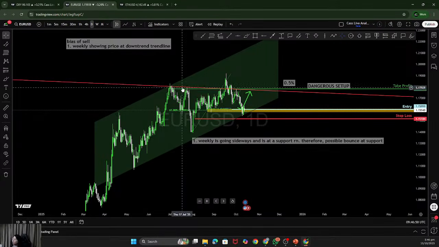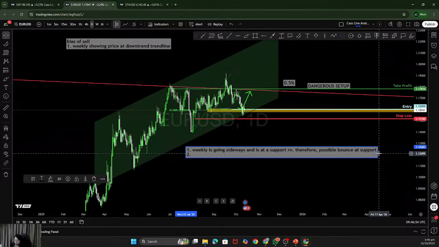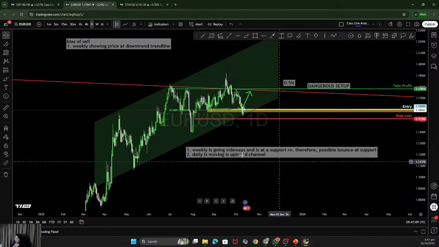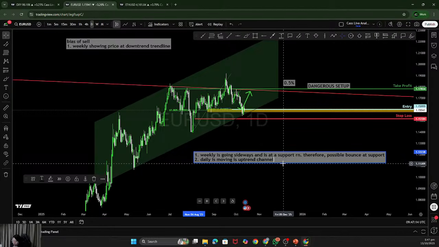Okay, so if we are on the daily, sorry, did I say triangle? I meant channel. Daily is moving in a channel, suggesting upwards movement.